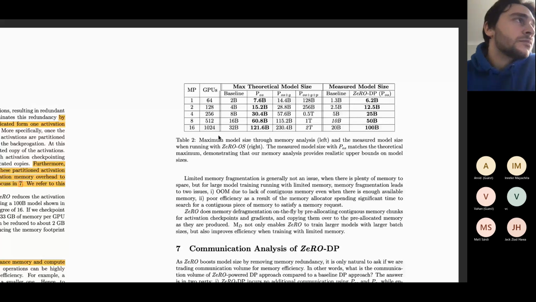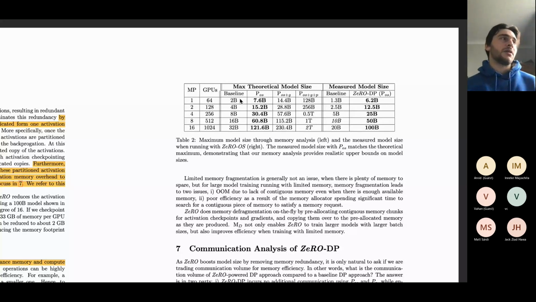But anyway, with one model parallelism and 64 GPUs, without any of the memory optimizations, you could train a 2 billion parameter model. When you're just optimizing for memory states, you can do a model that's 7.6 billion, with gradients as well, 14.4 billion, and then with all three, 128 billion.